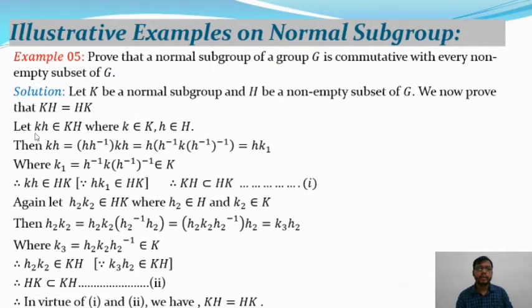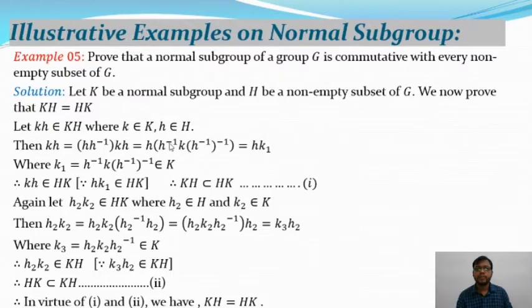Now let kh belong to KH, where k is an element belonging to K, and h is an element belonging to H. Then kh equals h h inverse into kh. Now applying the associative property, we get h into h inverse k into h inverse of inverse. So we can write h as h inverse of inverse.